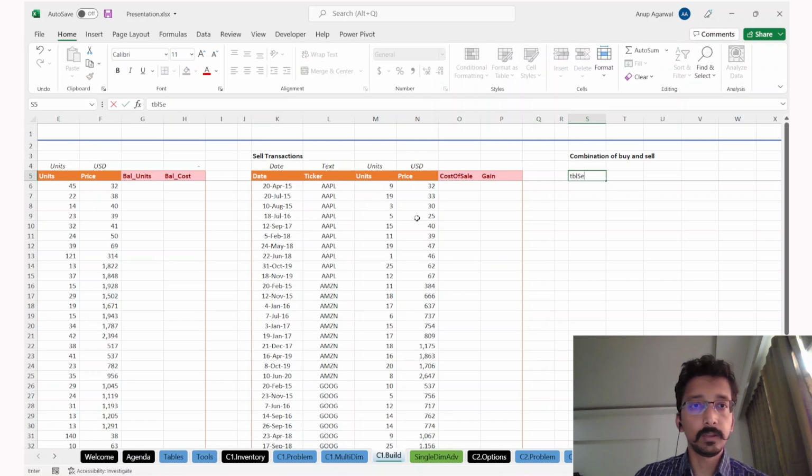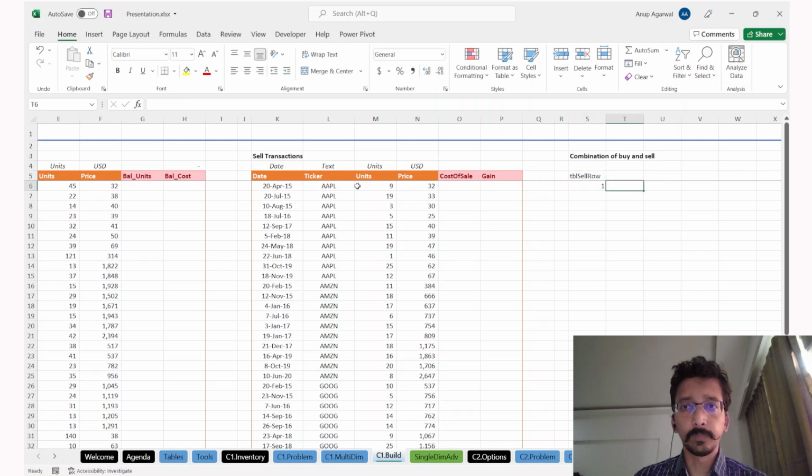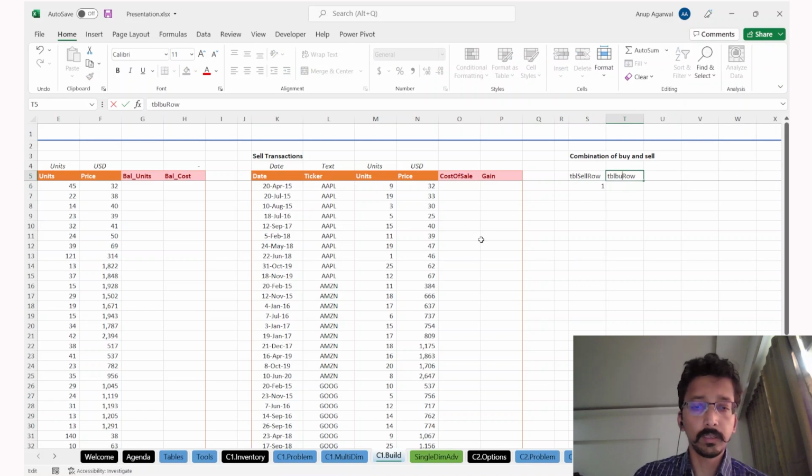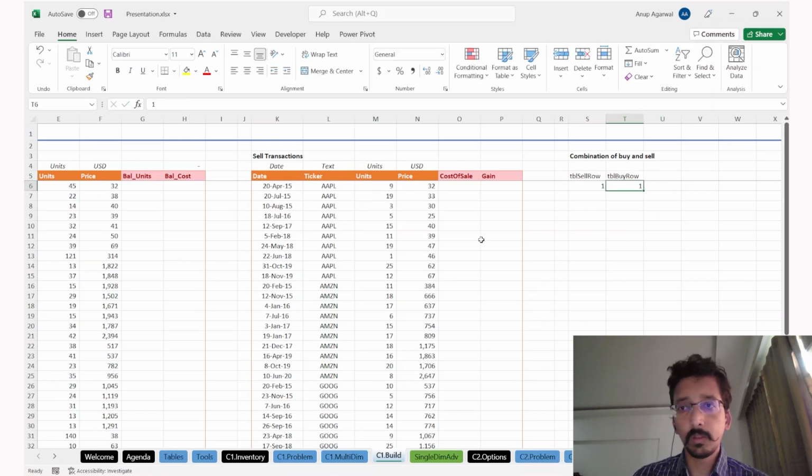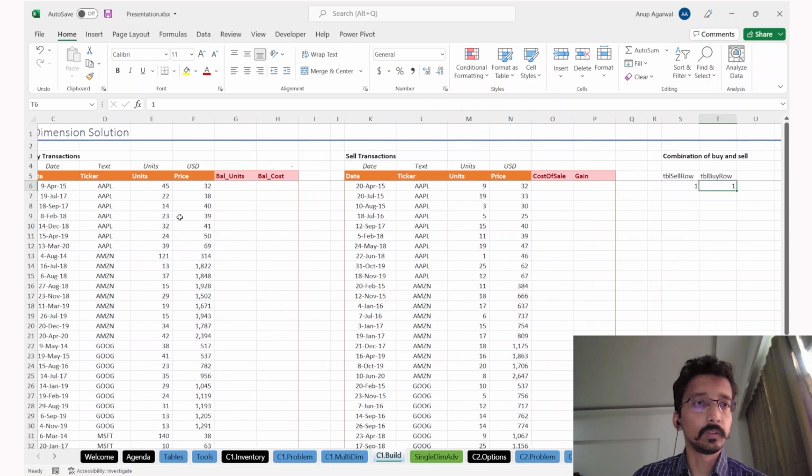table sell. So for each of the sale transactions, the table sell row, let's say this first sale, the method will calculate the table buy row automatically, that this is on the first row.